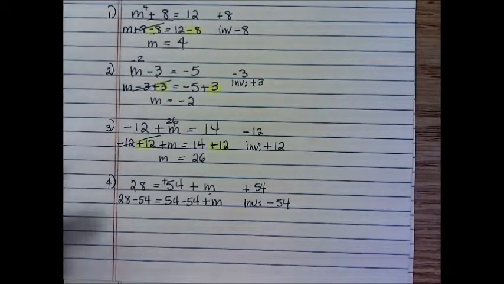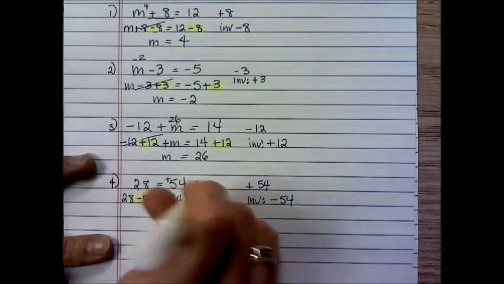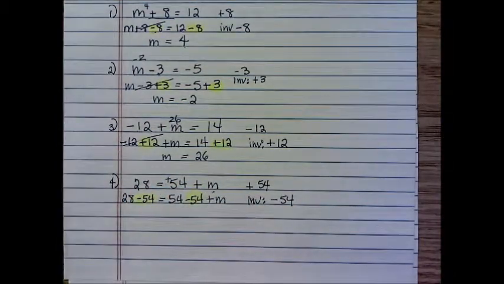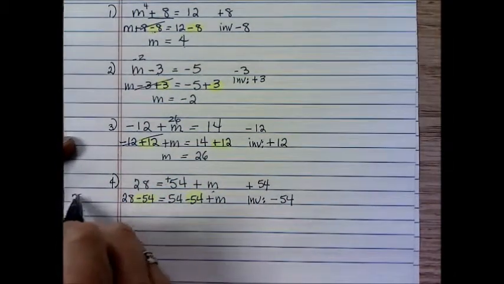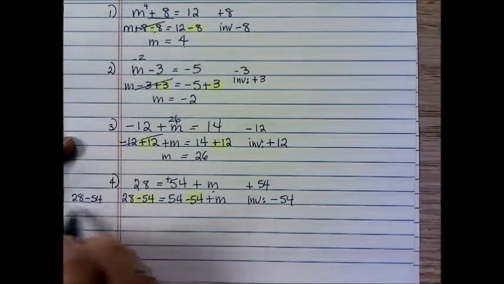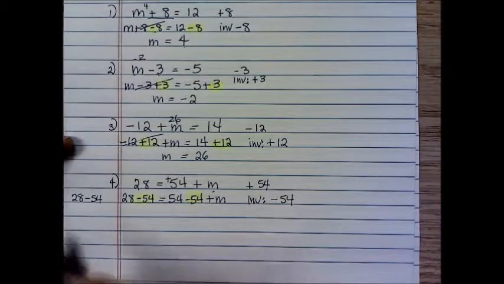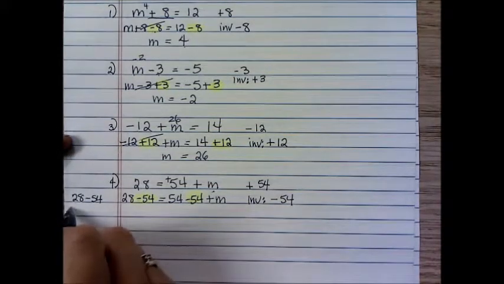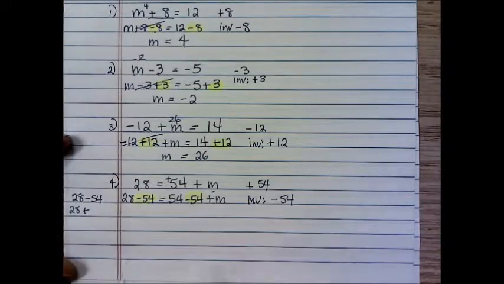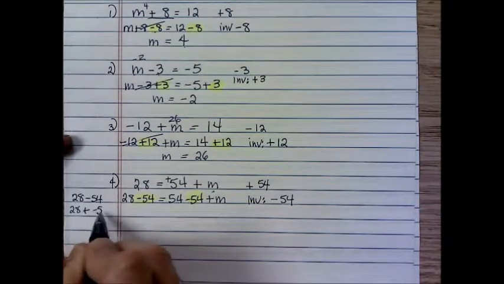Again, we're doing it on both sides, left side and right side. When we do 28 minus 54, I'm just doing my computation over on the left side. I don't want to get this messy where I'm working the problem. This is an integer problem, and if you like, you can change that to same, add, opposite.